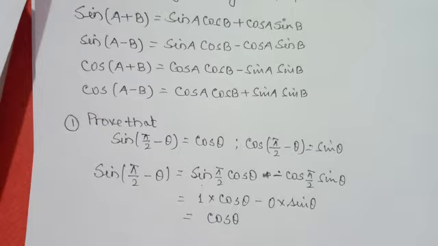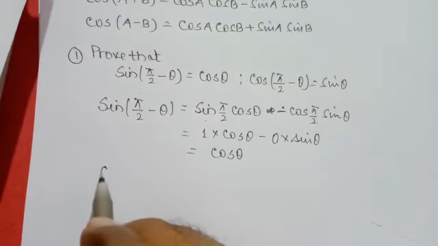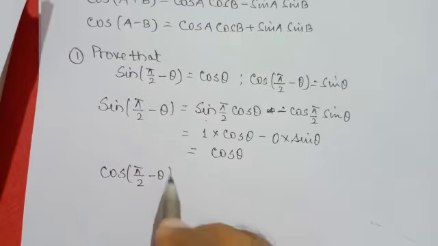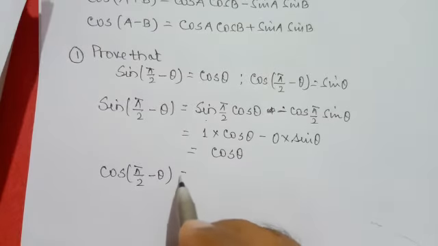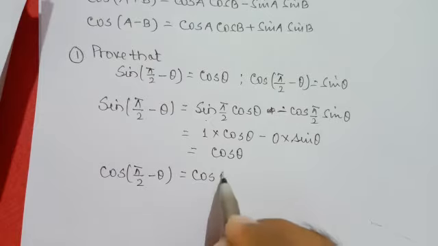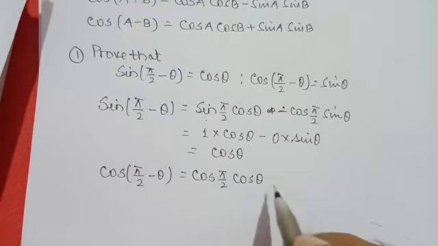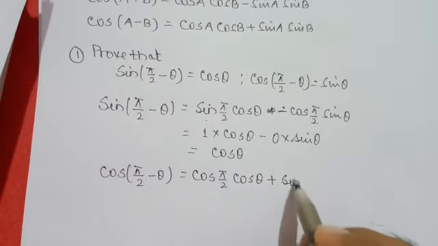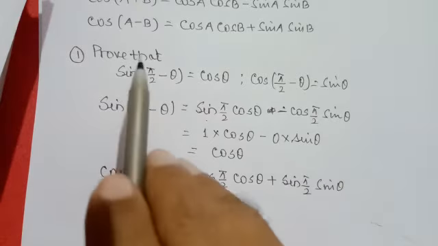Similarly, in the second one, apply the formula for cos A minus B, because you have to prove the formula for cos pi by 2 minus theta or cos 90 degrees minus theta. So cos A into cos B, that is cos theta, plus sine A into sine B. See the formula.